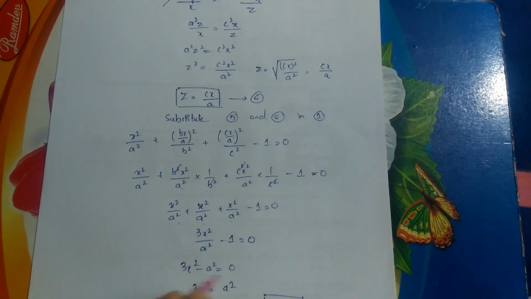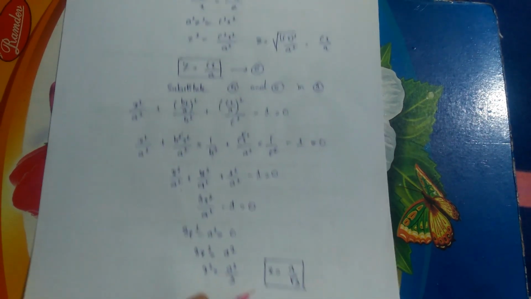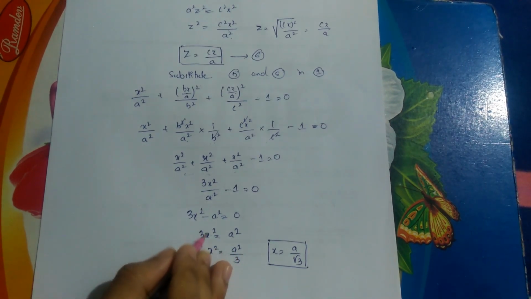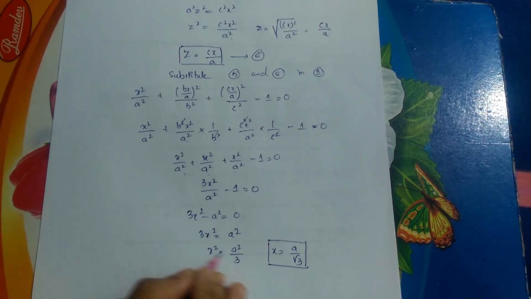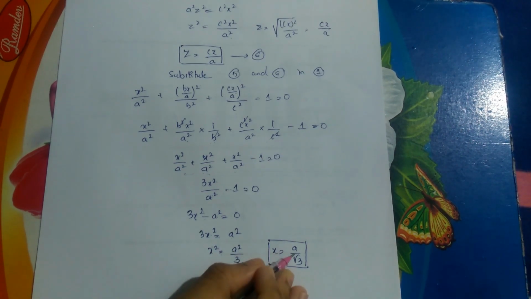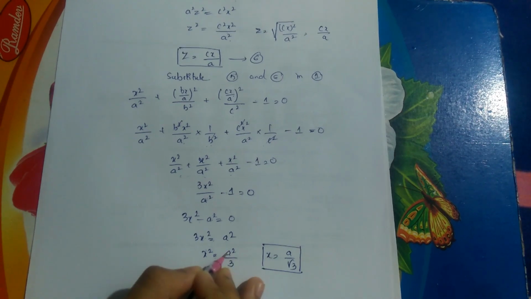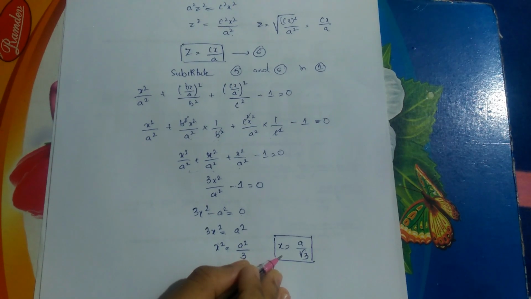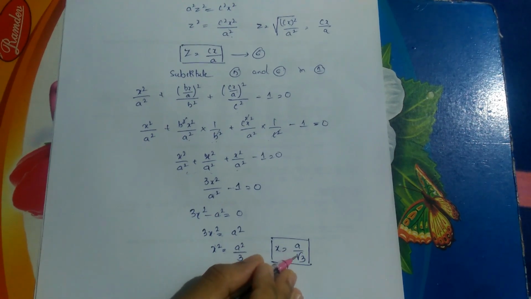Sending this minus a square to the right hand side, we get plus a square, that is 3x square is equal to a square, and sending this 3 to the right hand side, it divides, that is x square is equal to a square by 3. So when you send this square to the right hand side, it becomes a root, then x is equal to root of a square, which is a, divided by root 3. So this is the value of x, that is a by root 3.